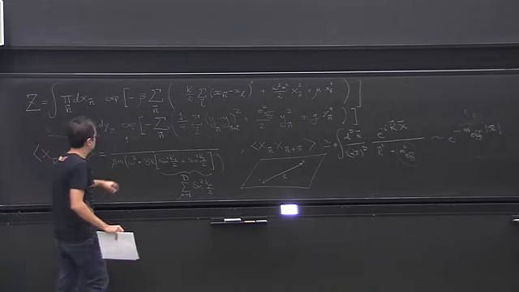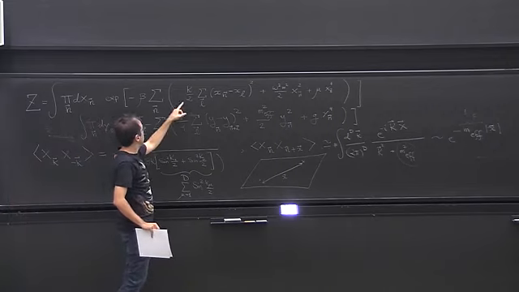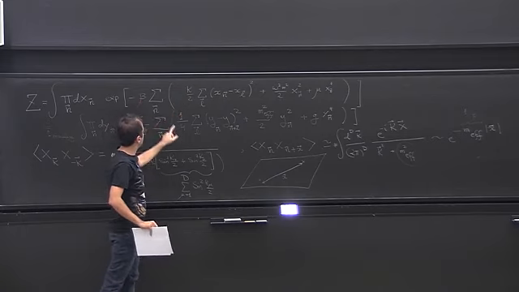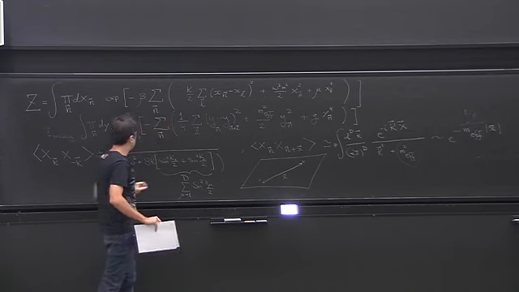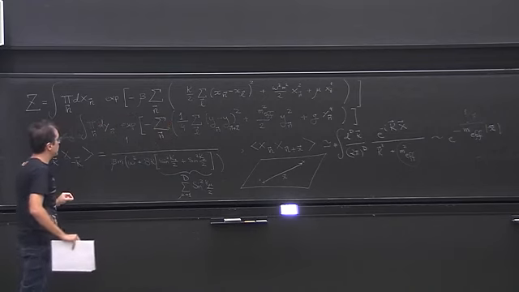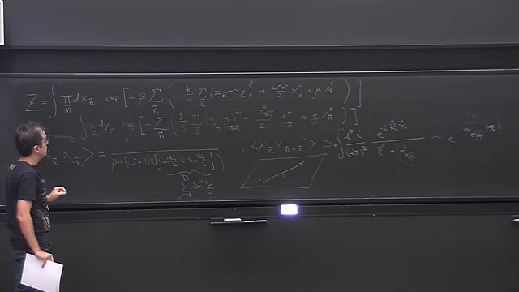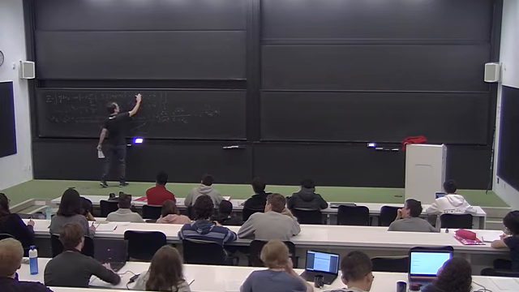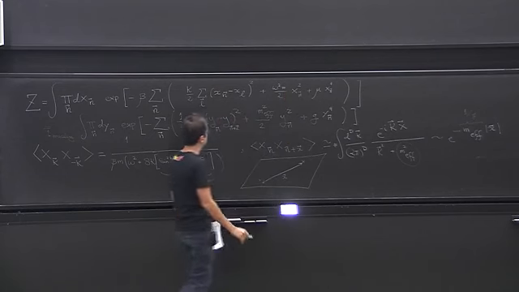So why was this a clever thing to do? Because now you see beta times k became 1/2. Sorry, there was no m squared here. It was just m.